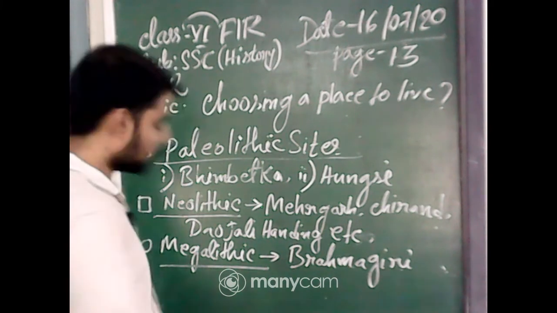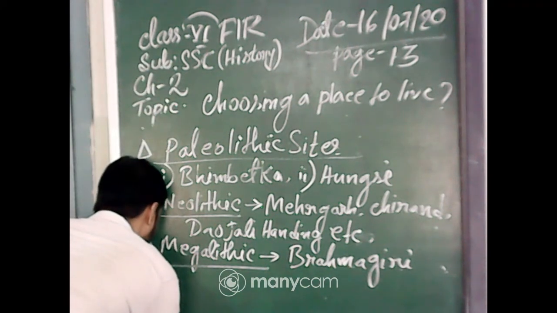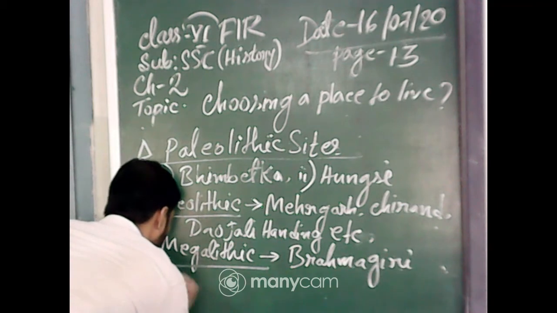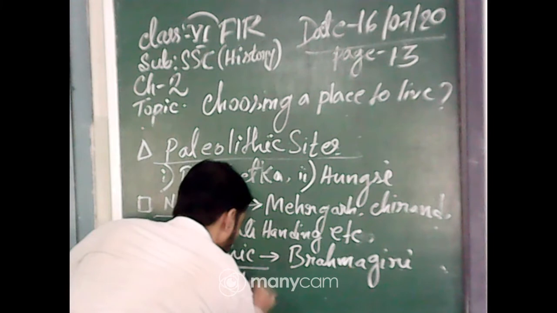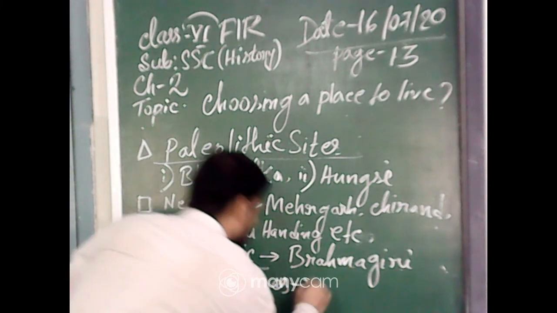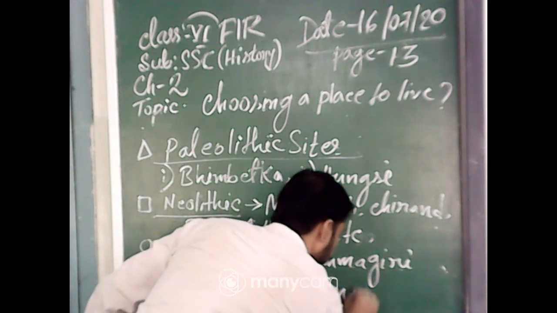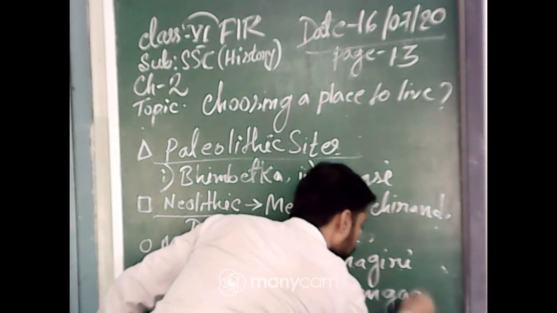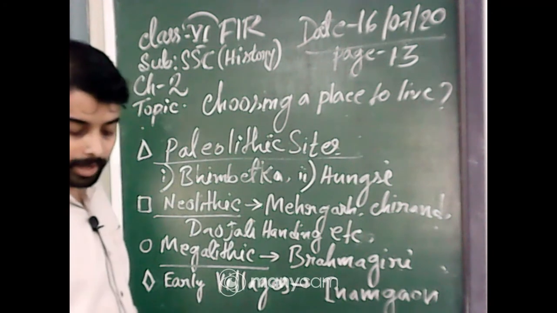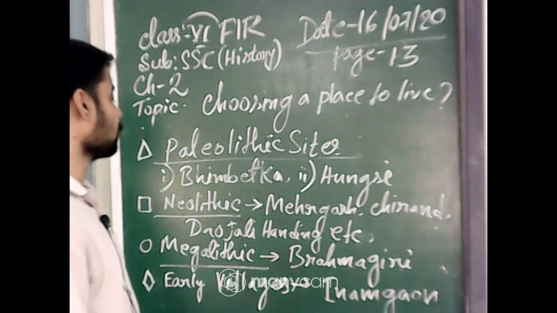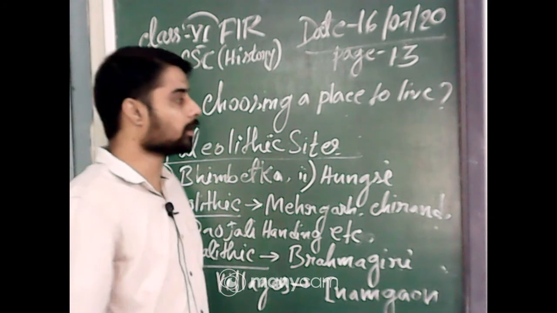Now the early villages. Early villages: Inamgaon. Inamgaon is in today's Maharashtra. And the last one, the modern cities. You know the modern cities, Kolkata, Delhi, Mumbai.